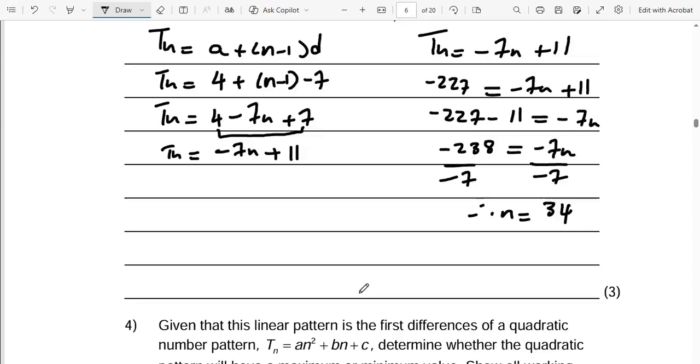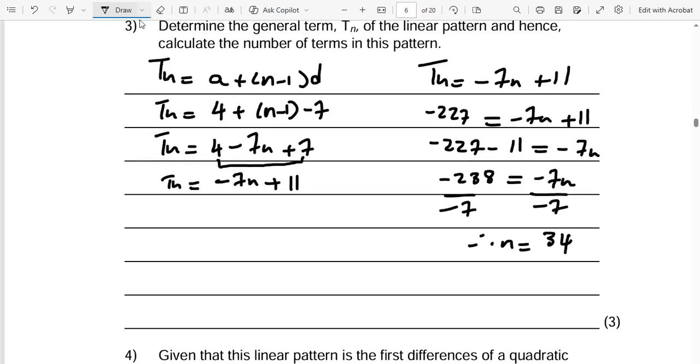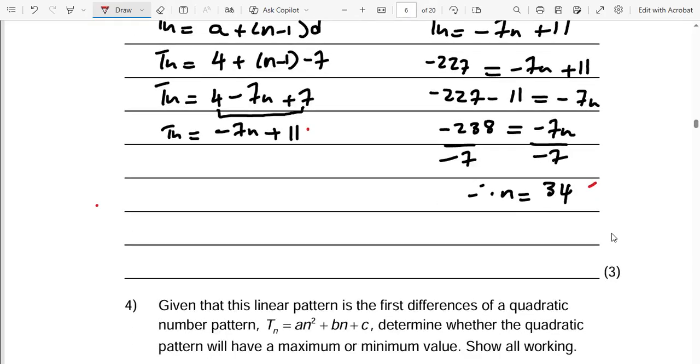So this is how many marks? 3 marks, né? So if this is 3 marks, how are they going to mark the question? Obviously, for the general term, you'll have a mark, right? But in most cases, they might not even give you a mark for the general term, because I think they are just trying to rob you of marks. They just wanted to take these 3 marks away from you.